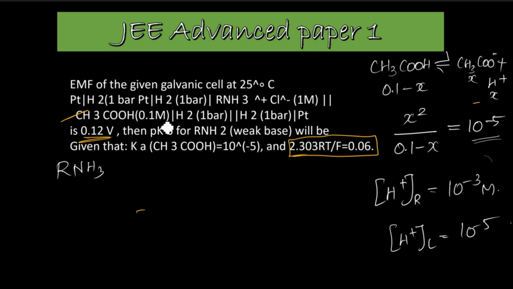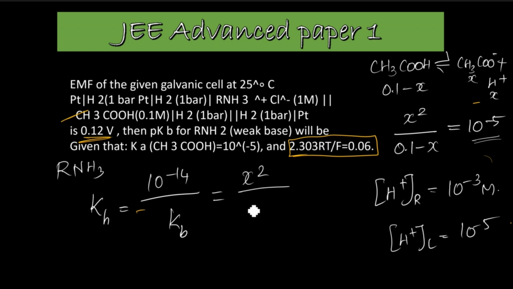Again, the concentration is 1 molar. I'm taking that as 1 minus x after the reaction. So Kh value becomes Kw by Kb, which is x square by 1 minus x, right?